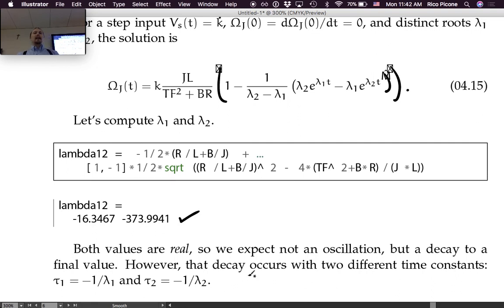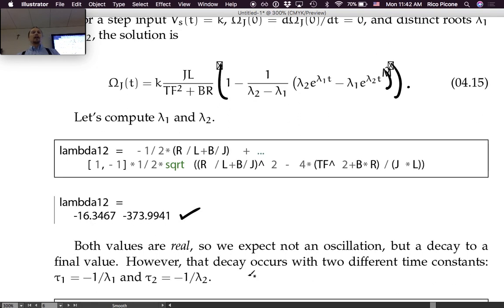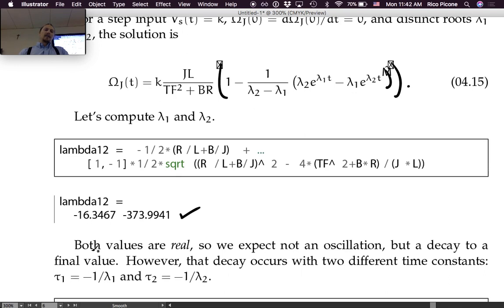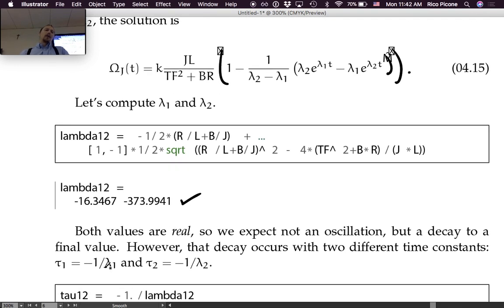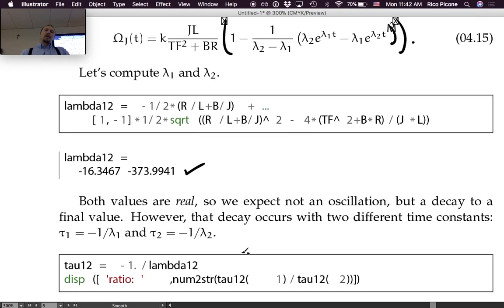However, that decay occurs with two different time constants, right? It's not just like the first order case, where you have one time constant. In the second order case, when you have these two real roots, you have two different time constants for your decay. One time constant is negative 1 over lambda 1. The other is negative 1 over lambda 2.